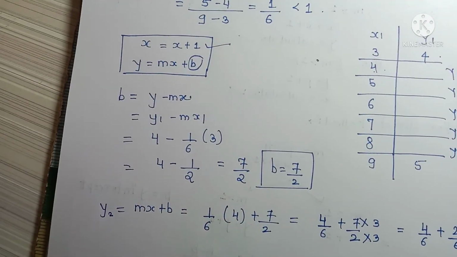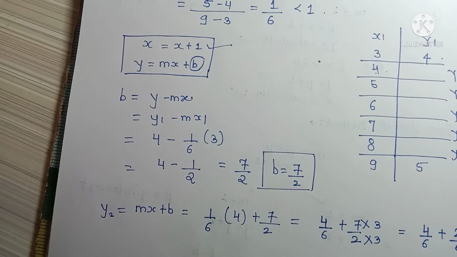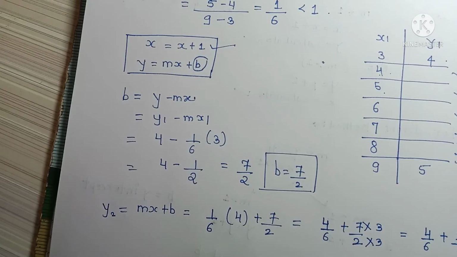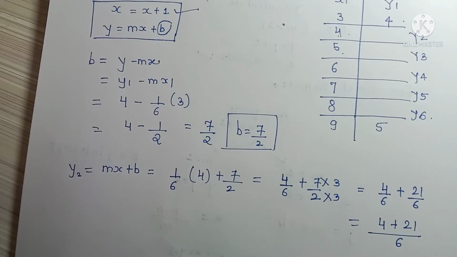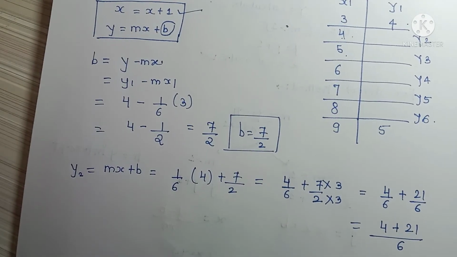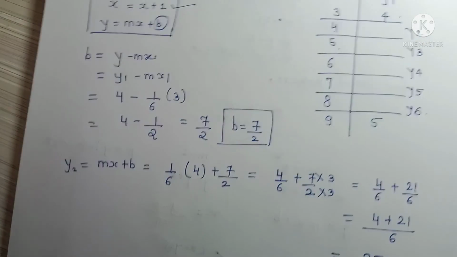So this was our y2. y3 is mx plus b. m is 1 upon 6. What is x? 5. Plus what is b? 7 upon 2. 5 upon 6 plus 7 upon 2. Making the denominator the same, we will get 13 upon 3.